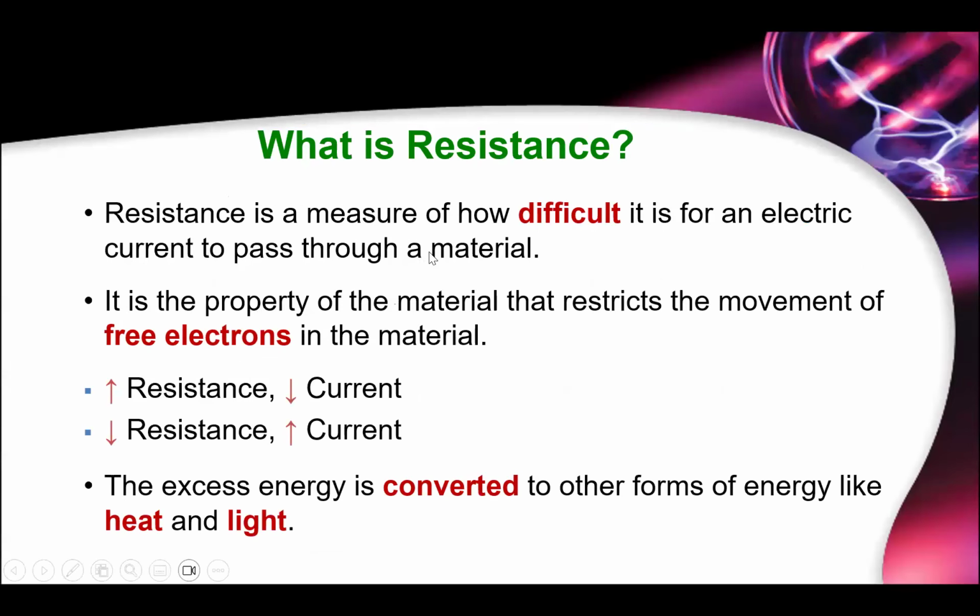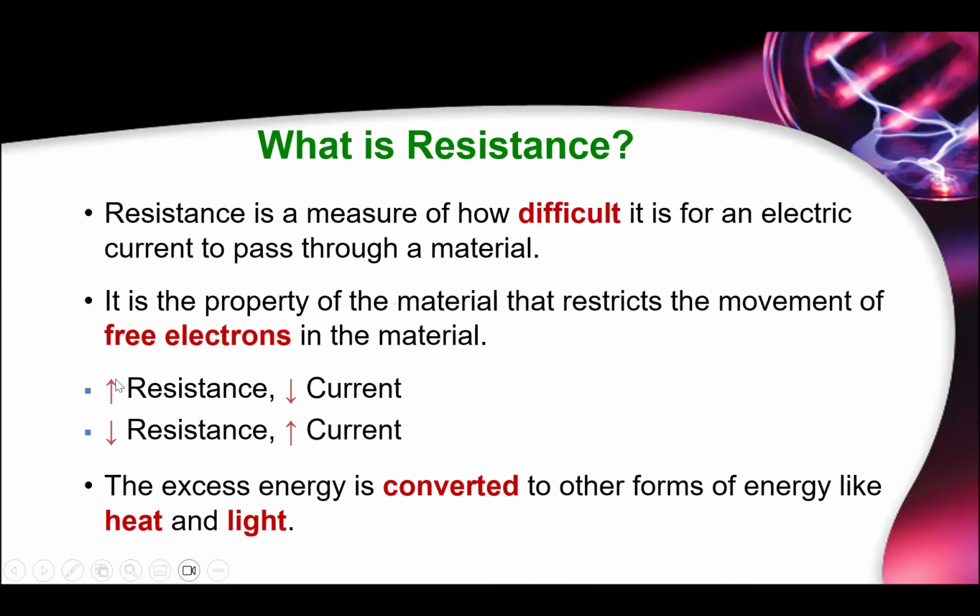Another way of thinking about it, in a simplified manner, is that it's a measure of how difficult it is for an electric current to pass through a material. It is the property of the material.